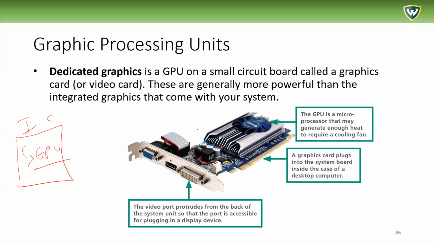However, often there will be a specialized GPU. So if you're dealing with more complex video material, you need to maybe consider a more complex GPU. The GPU is a microprocessor that may generate enough heat to require a cooling fan. You can see here, there's a system board with expansion ports, output devices for the video screens, a fan itself on it and so on. So it's a fairly complex piece of machinery.